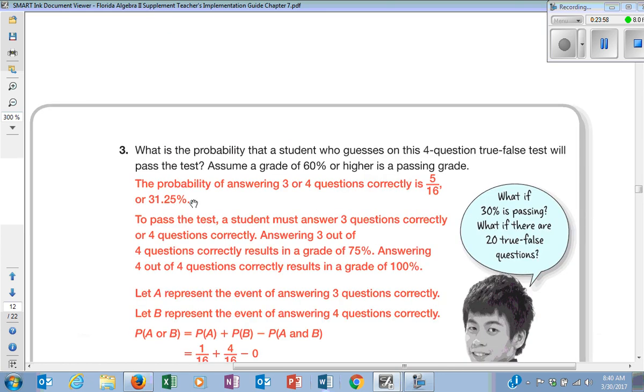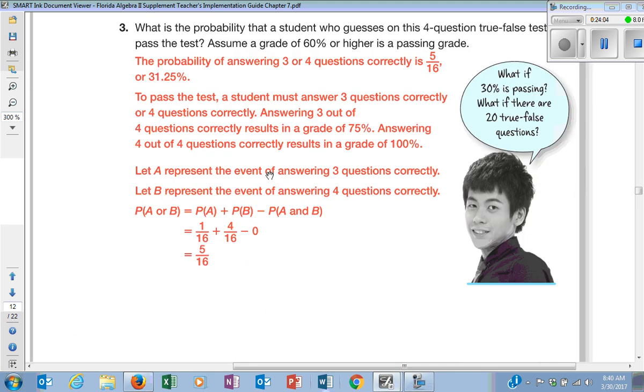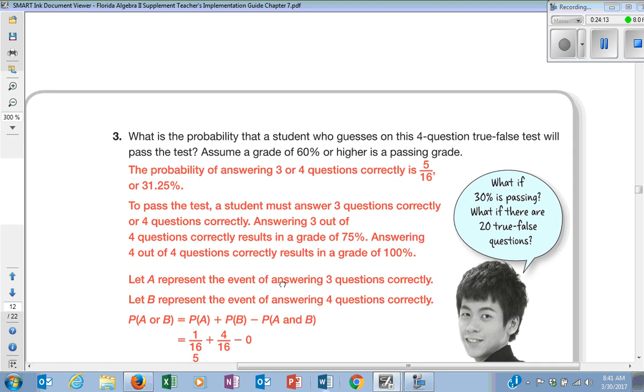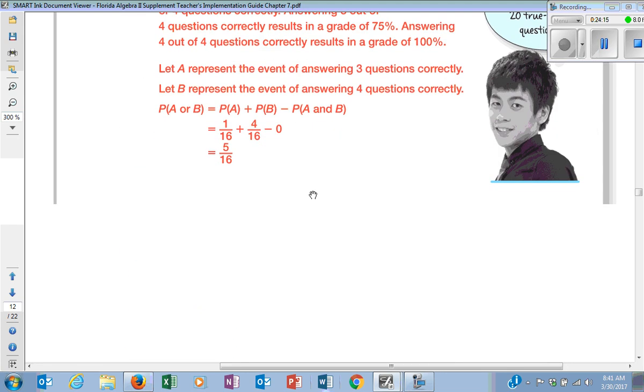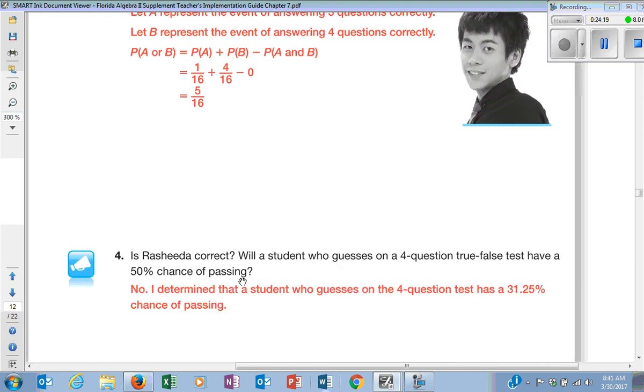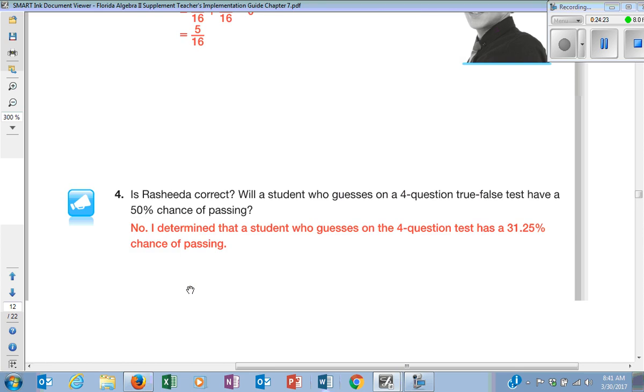So you have a 31.25% chance of passing that test. Does that make sense? So is she correct? No. Because you don't have a 50%, you have a 31% chance.